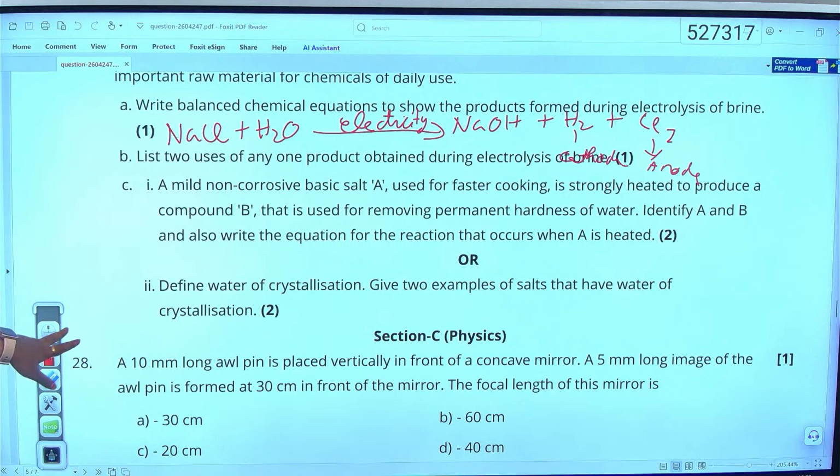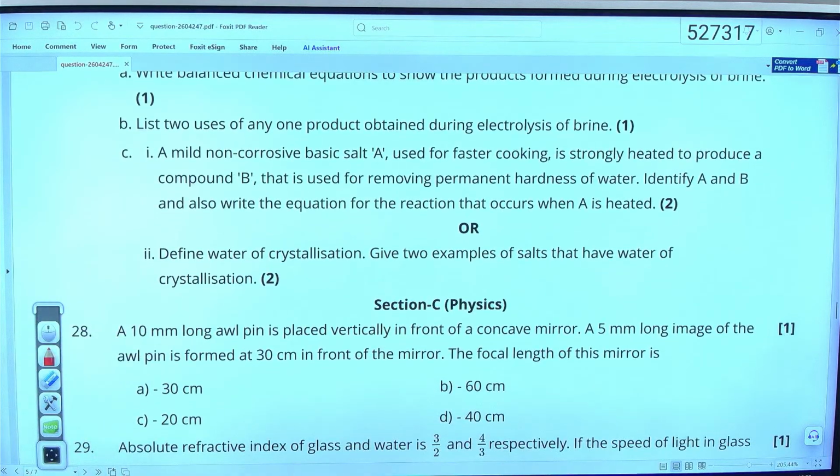List two uses of any one product obtained during the electrolysis of brine. Any one product's uses. Tell the uses of chlorine: disinfectant, and it can be used for preparation of bleaching powder.